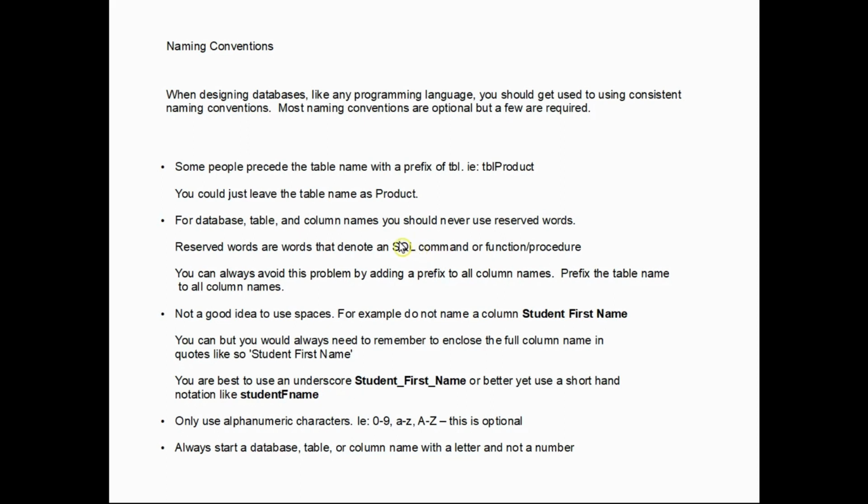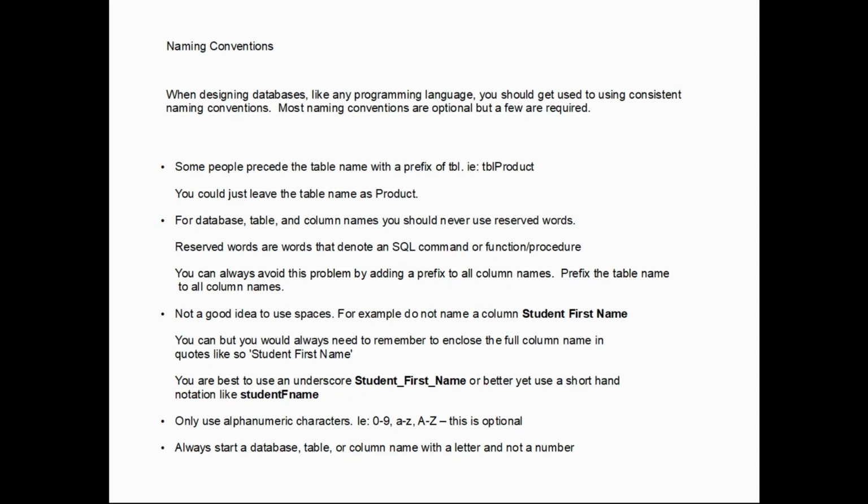I don't. What I do to avoid this problem is prefix all my column names with the name of the table. So if I have a table called invoice and I need a date column called date in that table, I will actually call it invoice date. The invoice is the name of the table and then date is the name of the column.